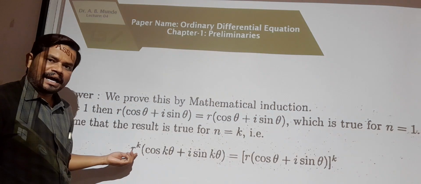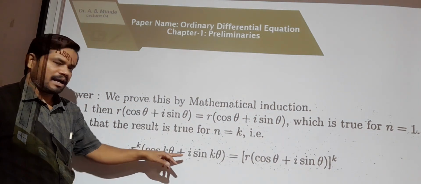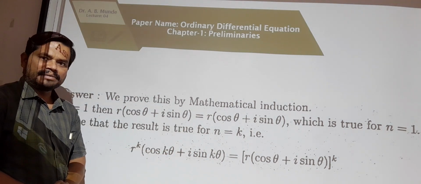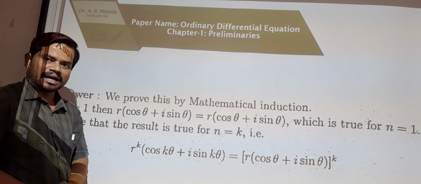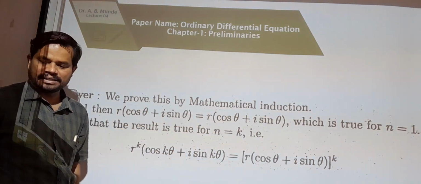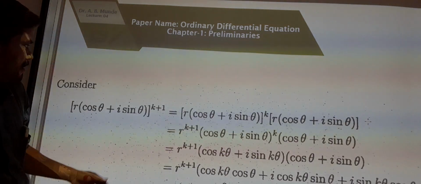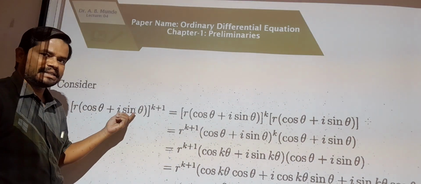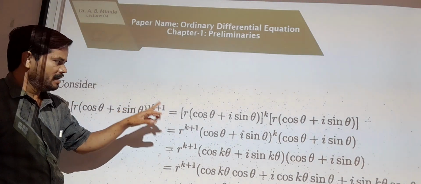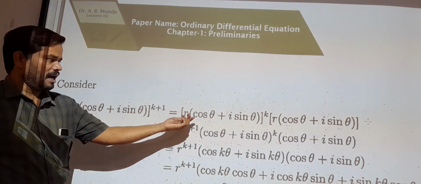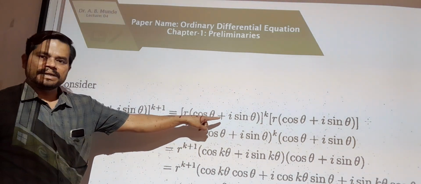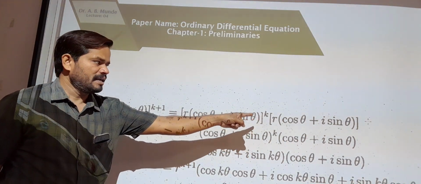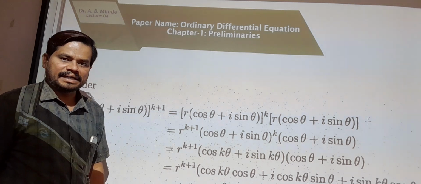That means r raised to k in bracket cos k theta plus i sin k theta is equal to r in bracket cos theta plus i sin theta raised to k. Now next, we can write the left-hand side r in bracket cos theta plus i sin theta raised to k plus 1 as r in bracket cos theta plus i sin theta raised to k, and in another bracket r in bracket cos theta plus i sin theta.